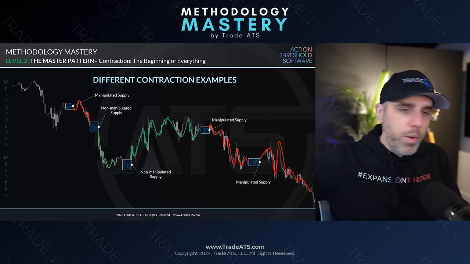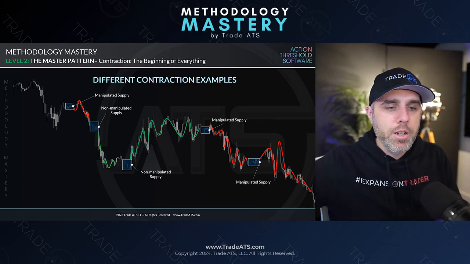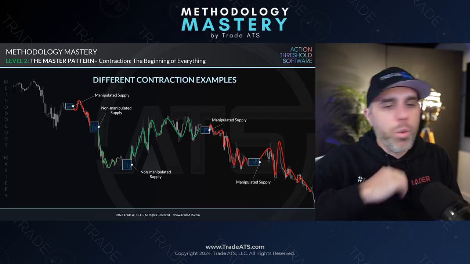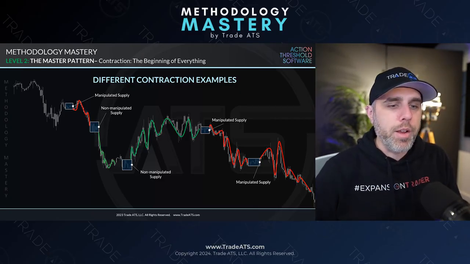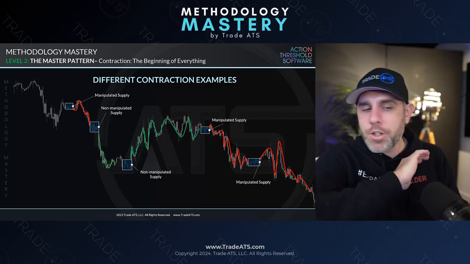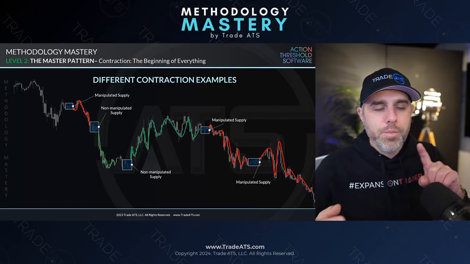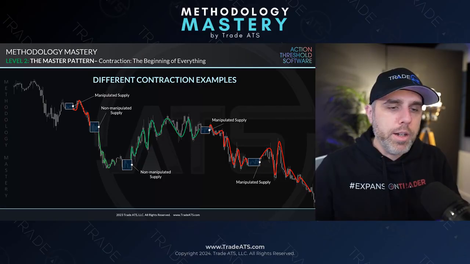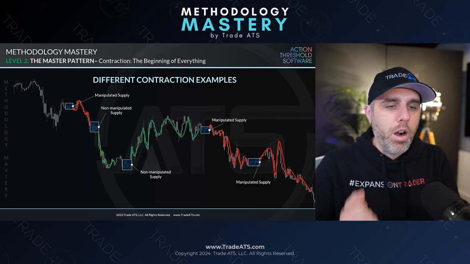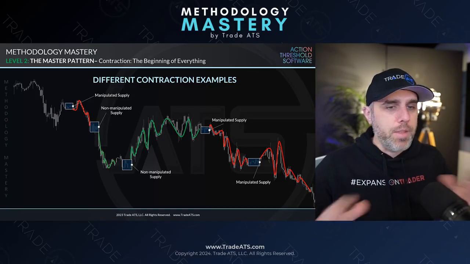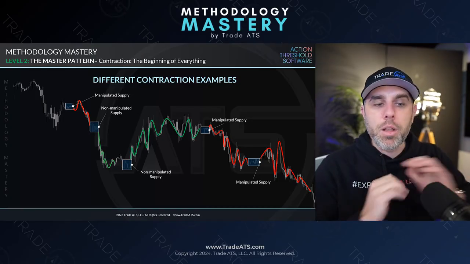So I'm just going to call it right now, the moment I see the contraction. And then I'm going to trade the expansion like I already know the outcome of the trend phase. That is essentially all we do here. The tools, the ATS, the expansion line, the liquidity lines, the trend are all tools to try to help us do that more effectively. That is the bottom line here.